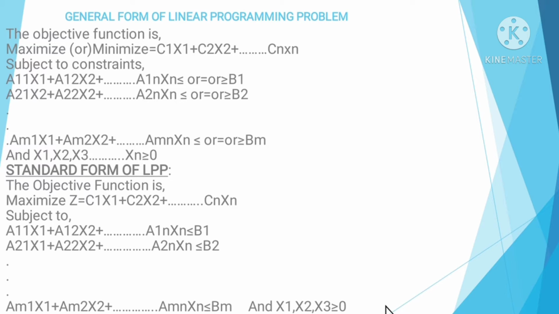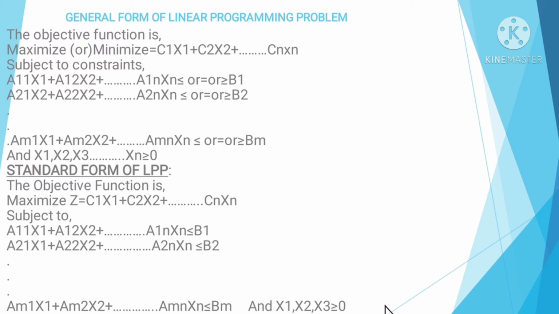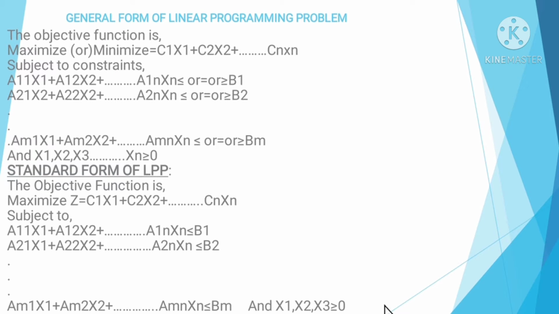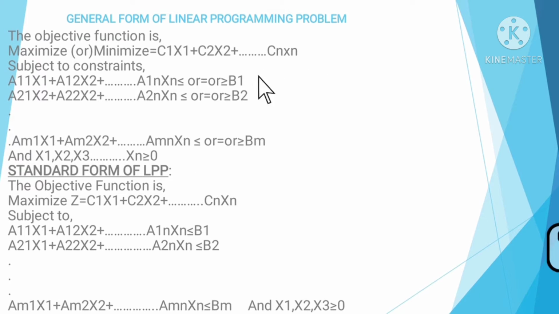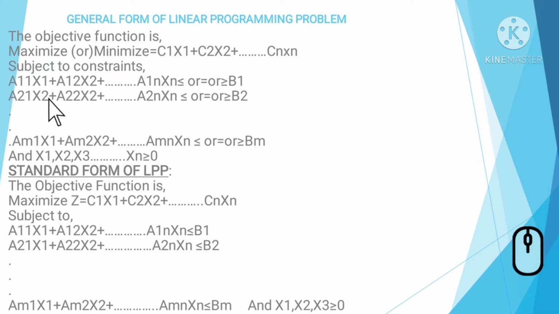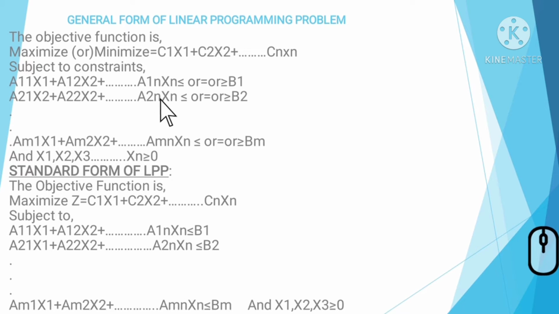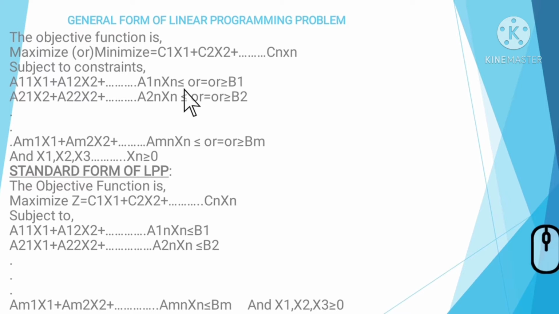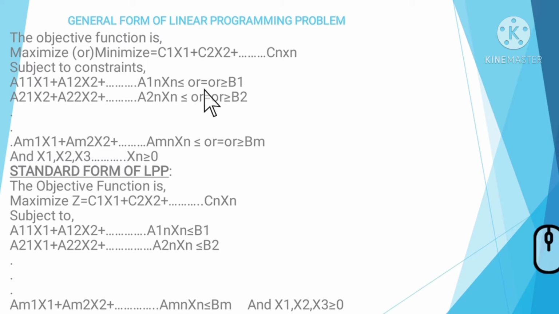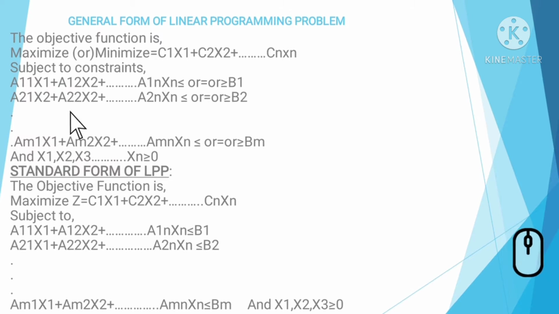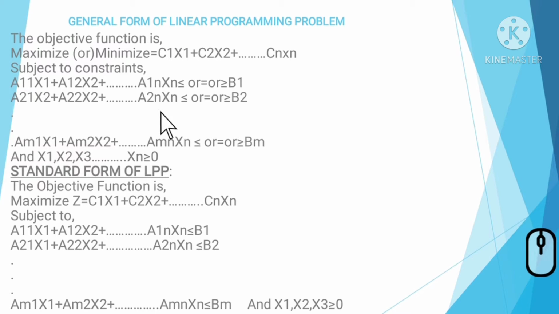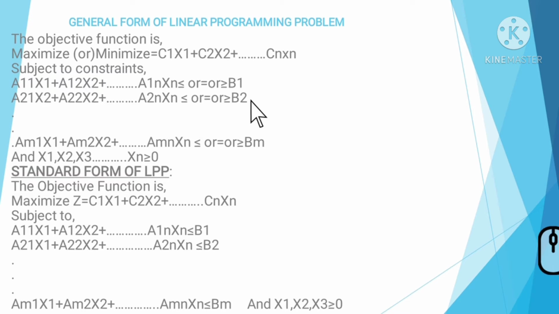The general form of a linear programming problem: the objective function is maximize or minimize z = c1x1 + c2x2 + etc. + cnxn, subject to constraints a11x1 + a12x2 + etc. + a1nxn less than or greater than or equal to b1, a21x1 + a22x2 + etc. + a2nxn less than or greater than or equal to b2.